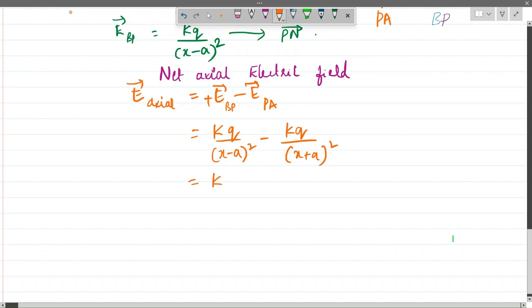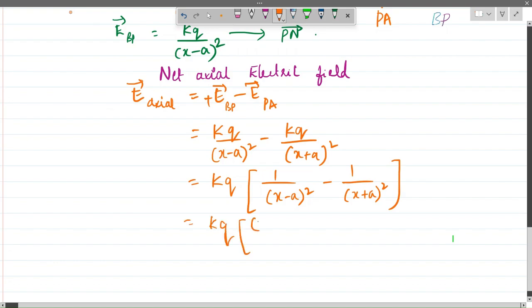If we take K and Q common, we are left with 1 divided by x minus a the whole square minus 1 divided by x plus a the whole square. If we calculate this, KQ times x plus a the whole square minus x minus a the whole square, divided by x minus a the whole square into x plus a the whole square.